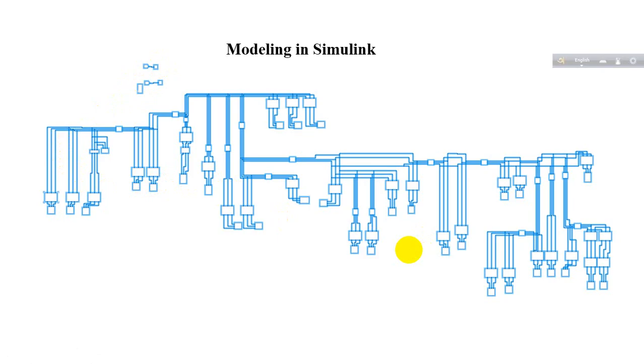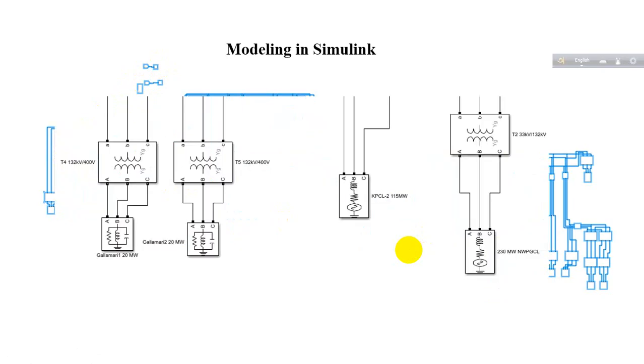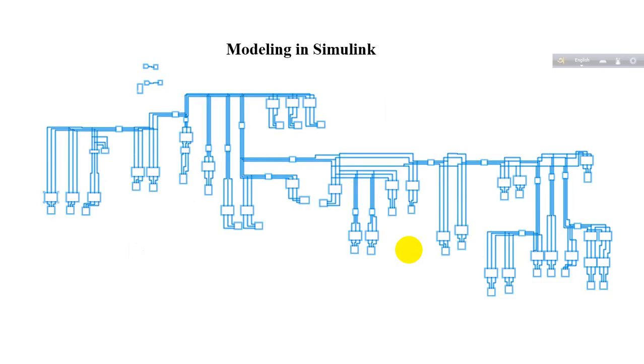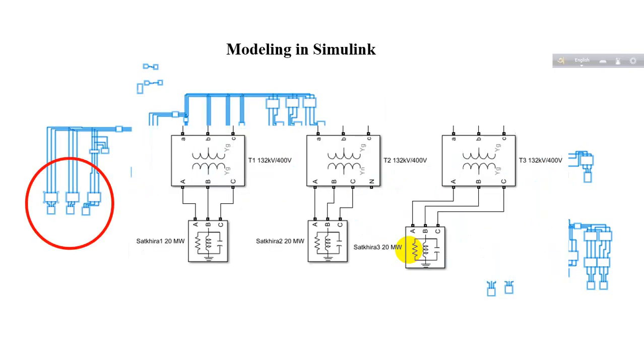Let me start. This portion is the area of KPCL, Khulna Power Company Limited, Goalpara and NWPGCL. Next, this portion covers the area of Satkhira.